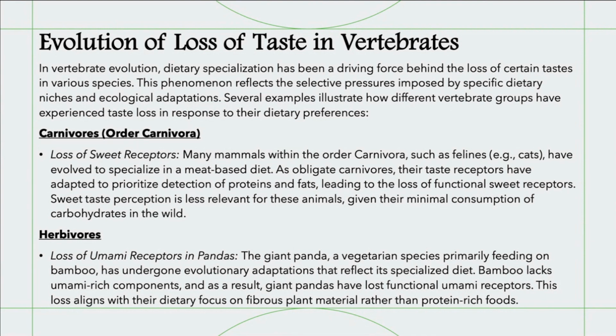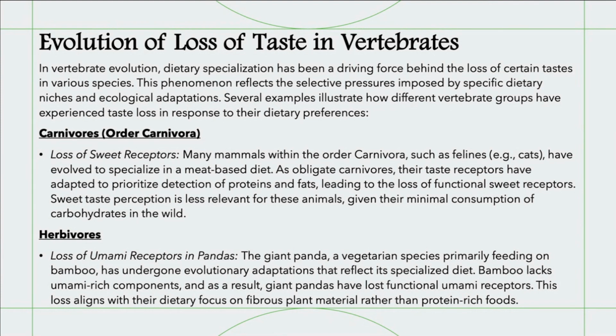So sweet taste perception is less relevant for these animals because they're not really eating carbohydrates, which would become glucose, and this glucose would then be classified as a sweet by the taste buds.